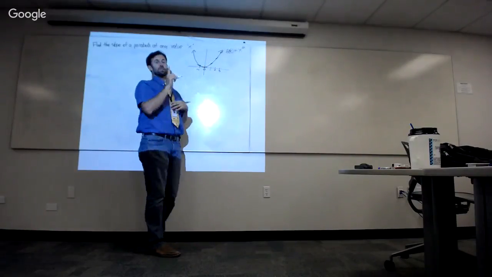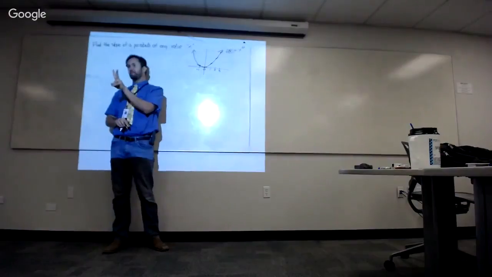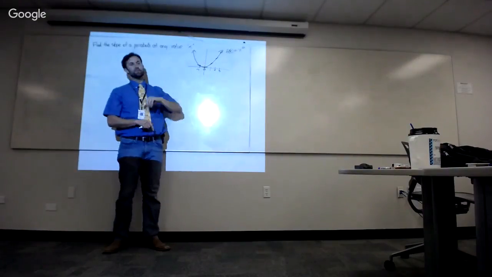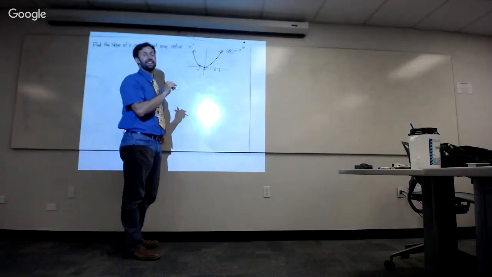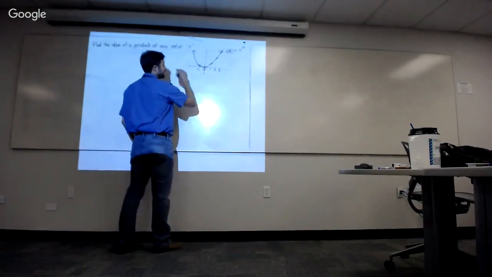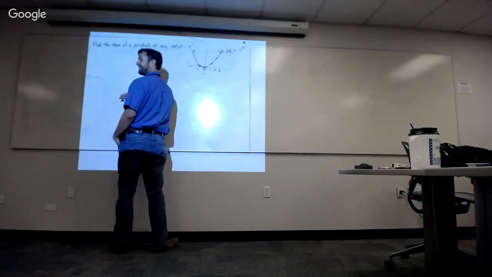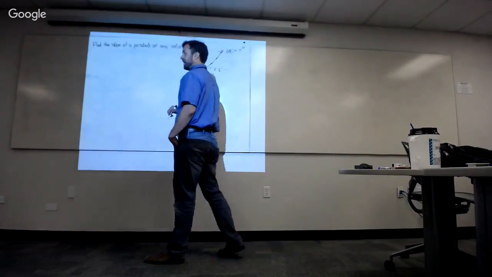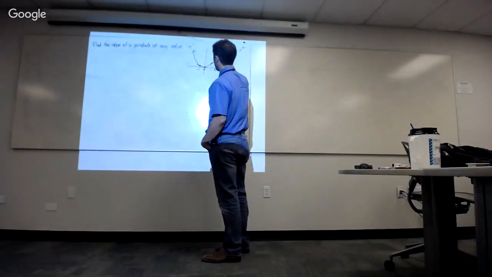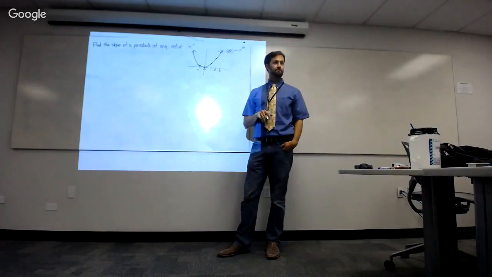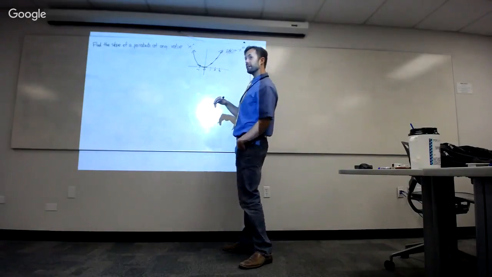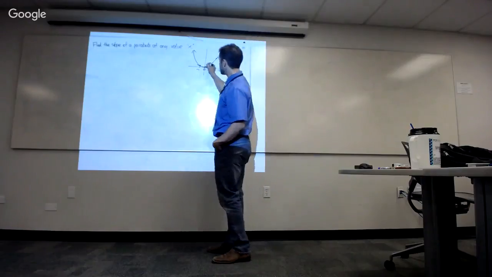Now, we know 2 slopes so far. What are the 2 slopes on this parabola that we know for sure? What's one, Lisette? Which one? What are 2 values of slope on this parabola that we know for sure? There's only 2 that we know for sure so far. Yeah, this slope at the bottom.